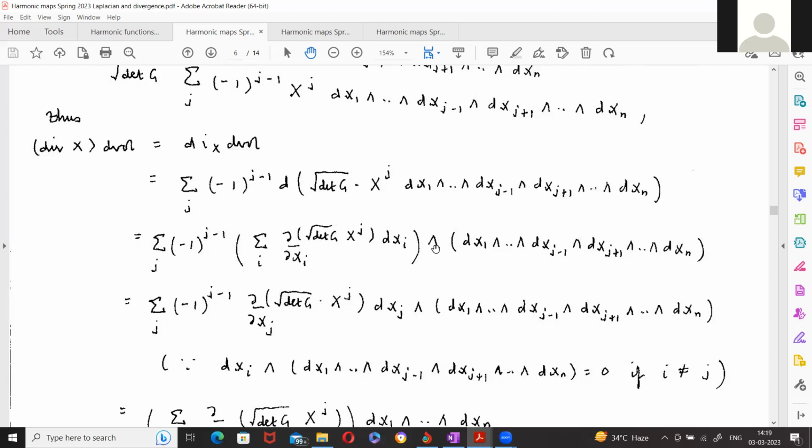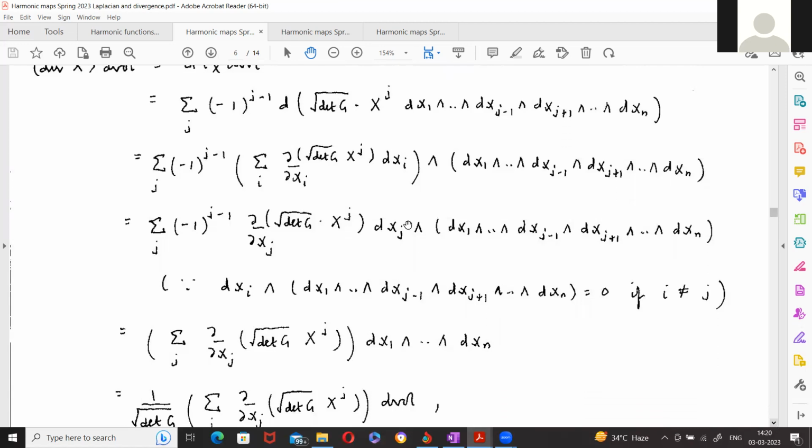So these terms are all 0 if i is not equal to j. So the only term which will remain is when i is equal to j. So then I'll get sum over j of minus 1 to the j minus 1 del del xj of square root determinant g into xj, then into dxj, and then wedge this dx1 wedge dxj minus 1, wedge dxj plus 1, wedge dxn. Okay.